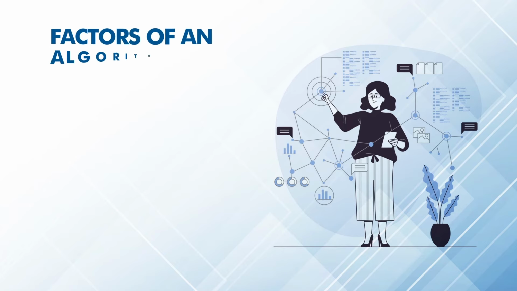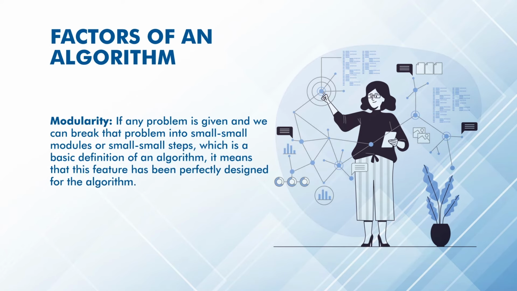What are the factors of an algorithm? The following are the basic factors we need to consider for designing an algorithm. Very first is modularity. If any problem is given and we can break that problem into small modules or small steps, which is a basic definition of an algorithm, it means that this feature has been perfectly designed for the algorithm.